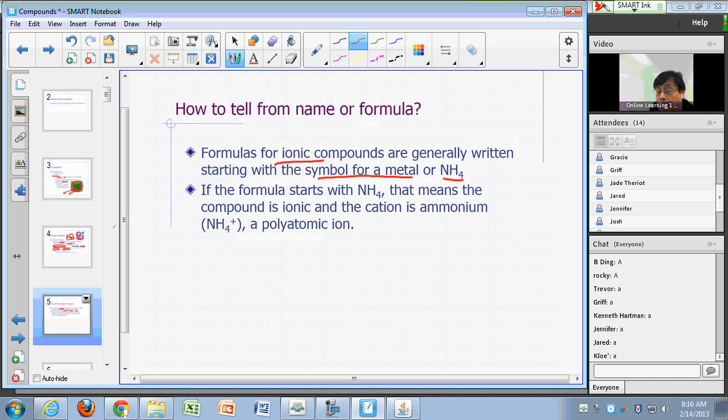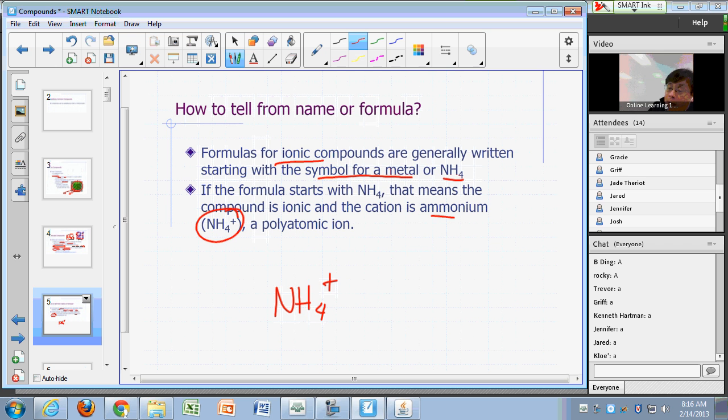If the formula starts with NH4, the compound is ionic, and the positive ion is what we call the ammonium ion. This polyatomic ion, NH4+, is very commonly occurring. You should be familiar with it and memorize that formula. The ammonium ion is NH4 with a positive 1 charge.